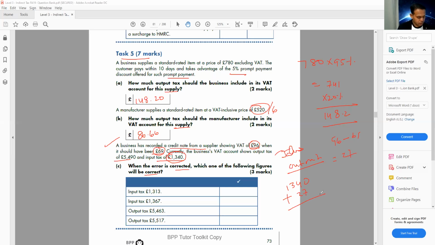So 1340 plus 27 is 1367. So that's my input VAT. So we'll correct the input VAT.